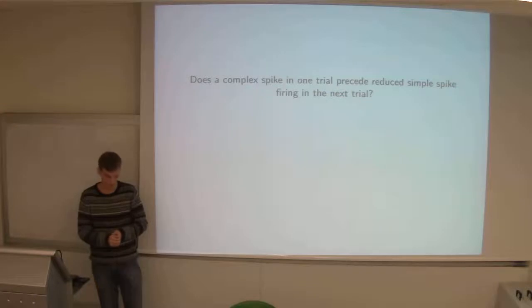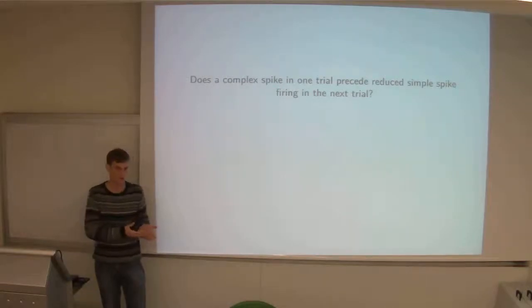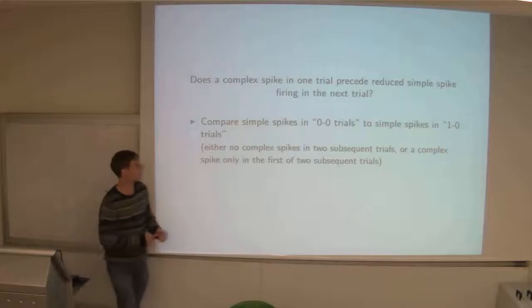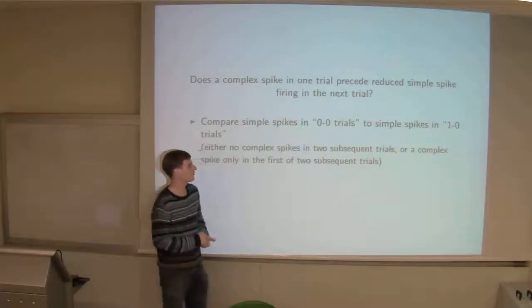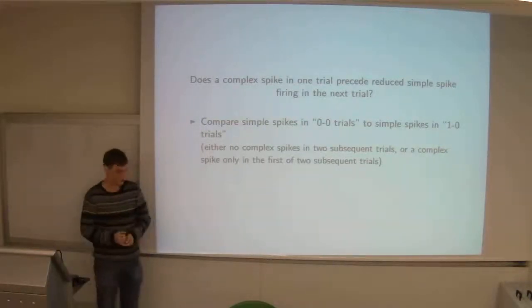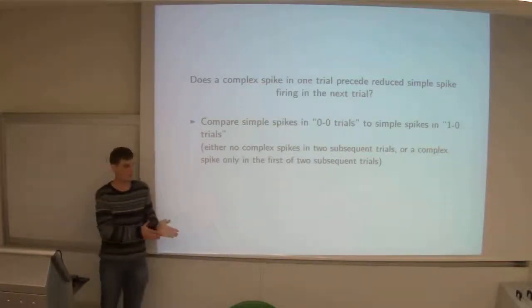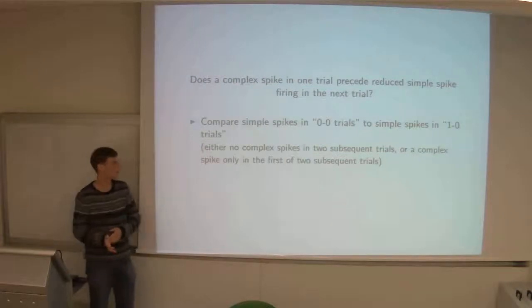This is a bit complicated, so they call it 0-0 trials and 1-0 trials. So 0-0 means no complex spike, no complex spike. 1-0 means complex spike, but subsequently no complex spike.